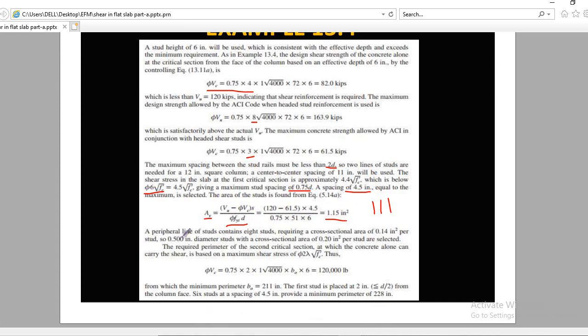A peripheral line of studs contains 8 studs, requiring a cross-sectional area of 0.14 inch square per stud, or 0.5 inch diameter.